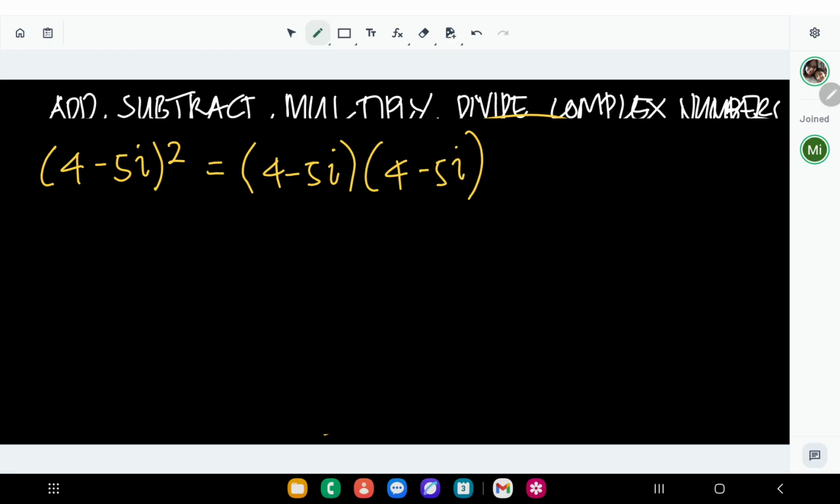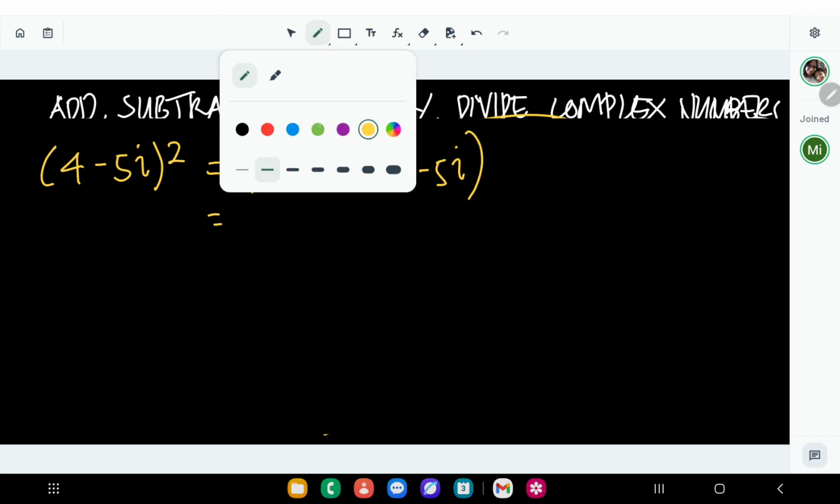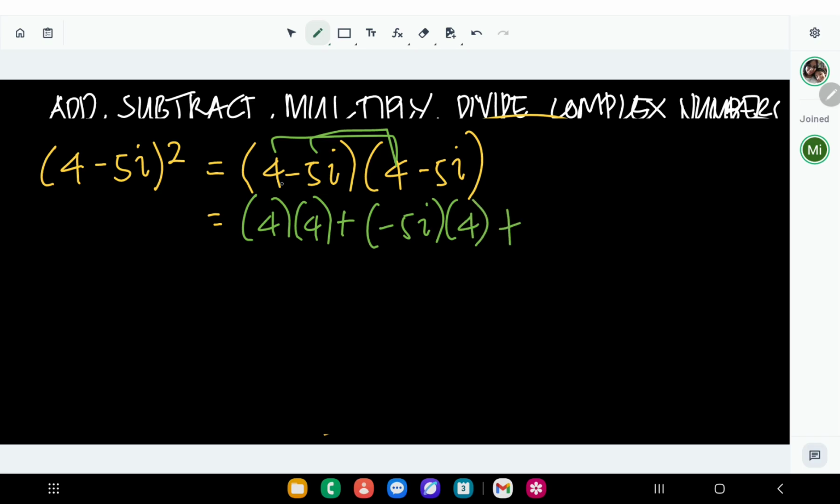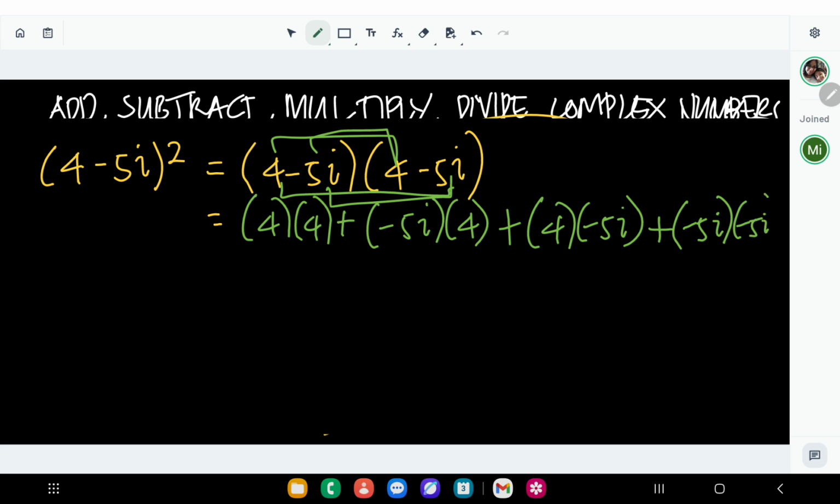Since the middle term doesn't cancel out, we just FOIL this. So that is 4 times 4, plus negative 5i times 4, plus 4 times negative 5i, plus negative 5i times negative 5i.